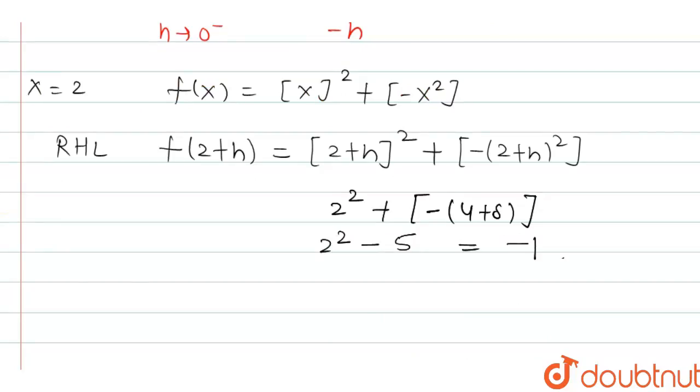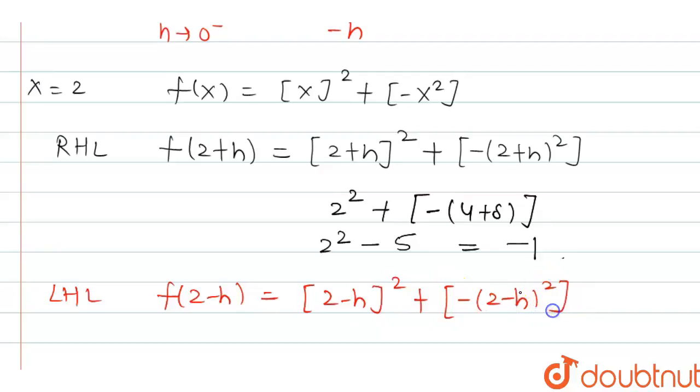Now if we take the left hand limit, f(2 minus h) is equal to greatest integer of (2 minus h) whole square plus greatest integer of minus (2 minus h) square. Since 2 minus h is a little less than 2, the first term is 1 square.